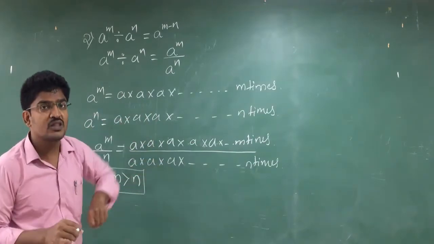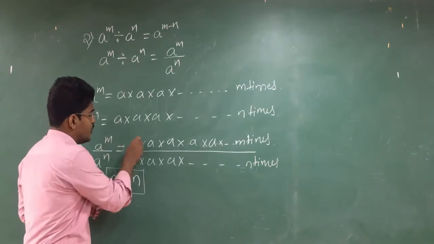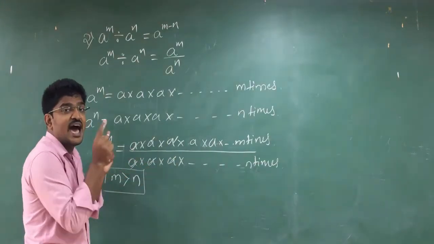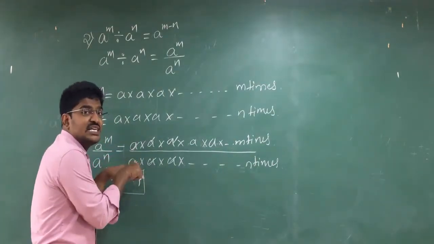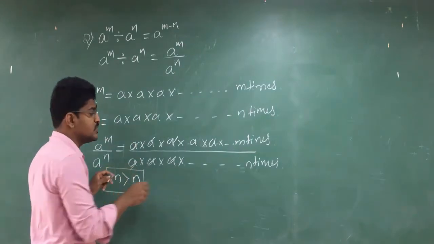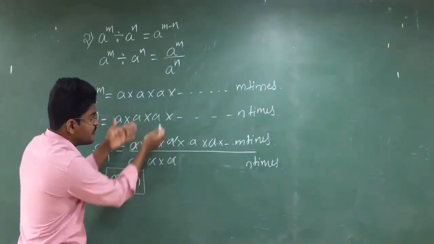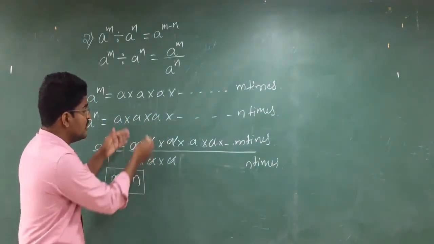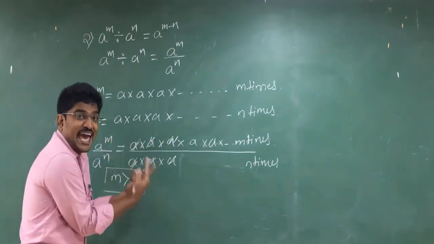So if I go on cancelling the terms, n number of elements are lesser than m number of elements. So these terms will get over. N number of elements will be cancelled from numerator as well as denominator.